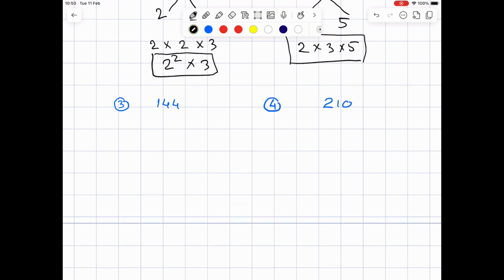And let's find prime factors for 144. It's an even number. We divide by 2, which gives us 72. Divide by 2 again, gives us 36.